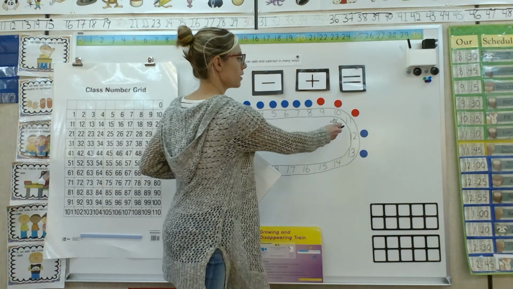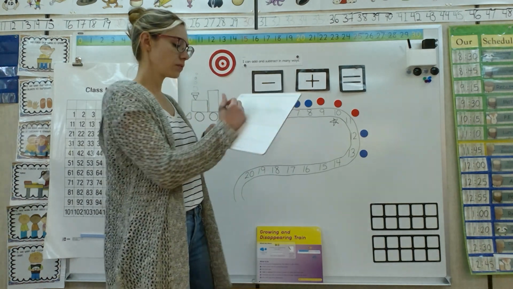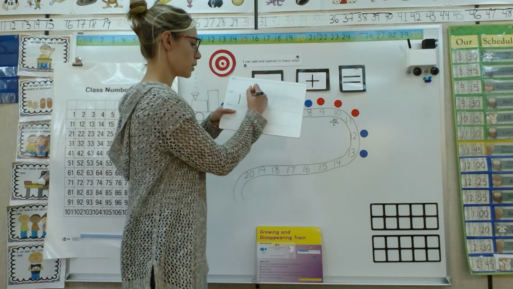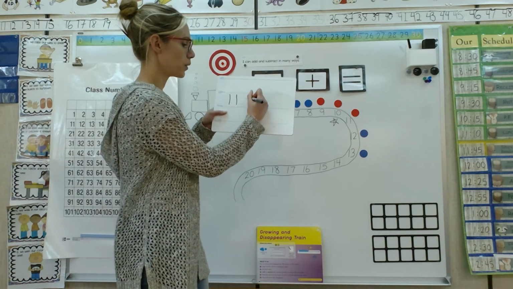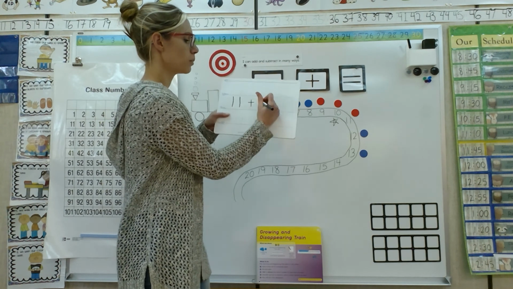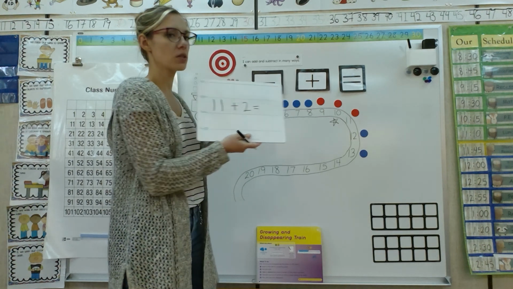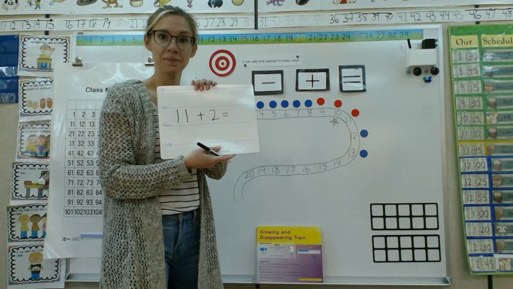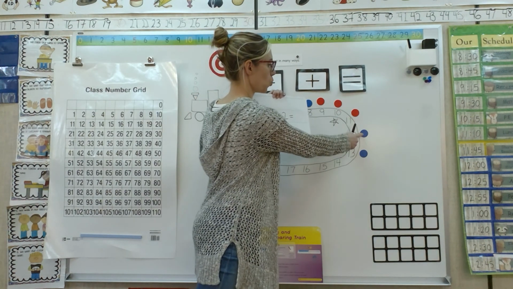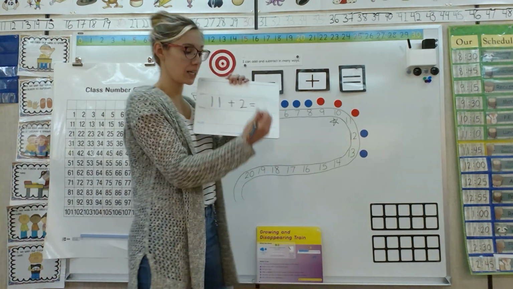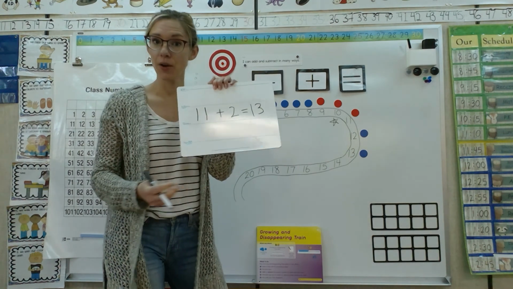We started with 11. So let's write the number 11 on your whiteboard. And then we added, so we're going to use the plus symbol, plus 2 equals, how many is it? Let's go ahead and count. 12, 13. So now we have 13.